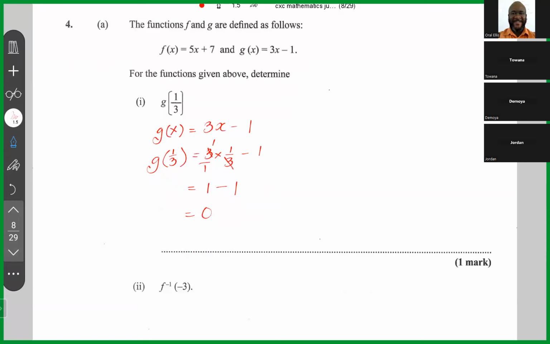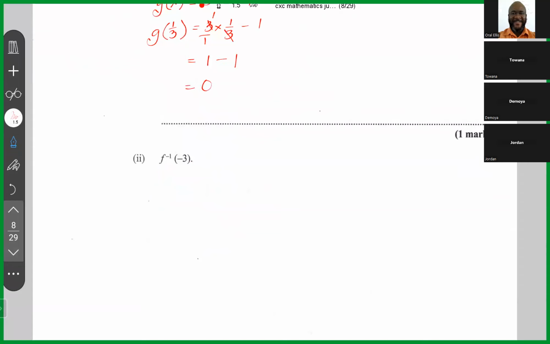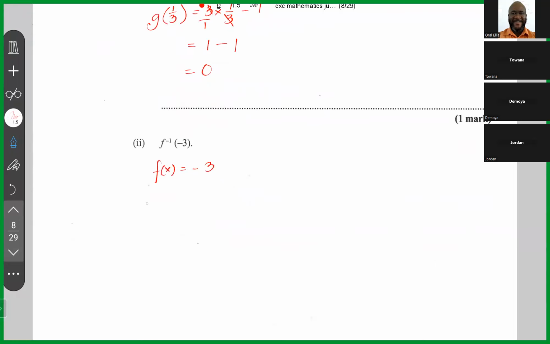Next, we're asked to find f inverse of minus 3. Now, if someone asks me to find f inverse of minus 3, I'm going to first solve the equation f of x is equal to minus 3. Now, f of x is what? 5x plus 7.